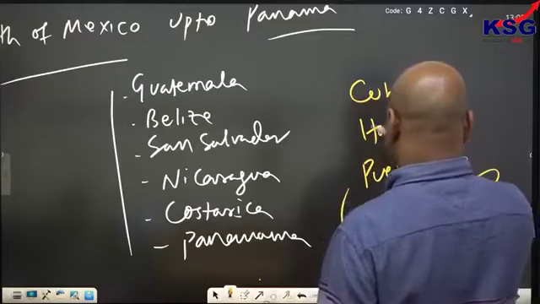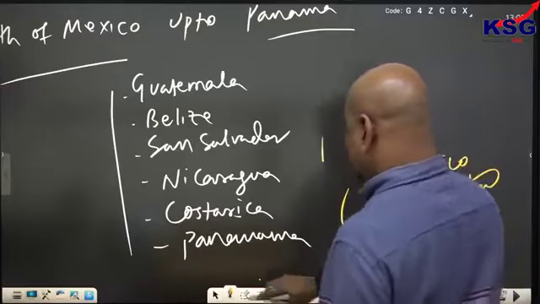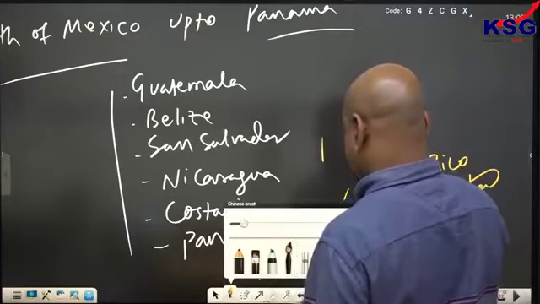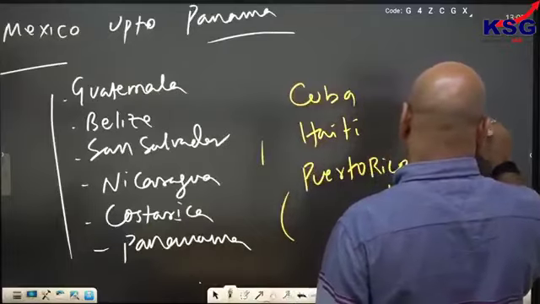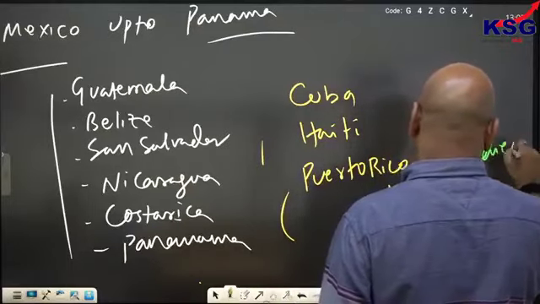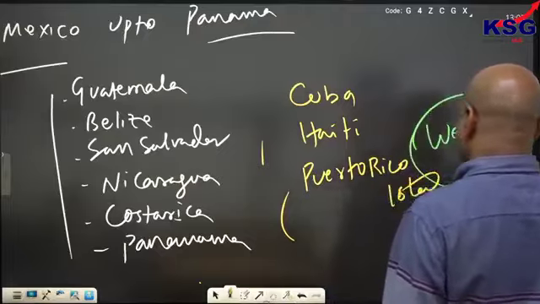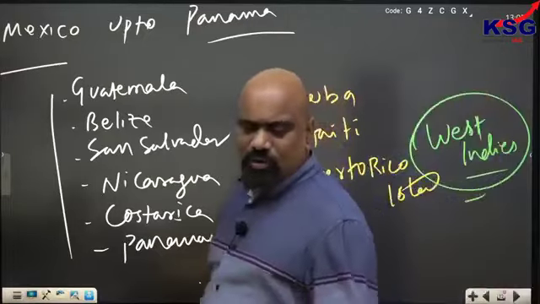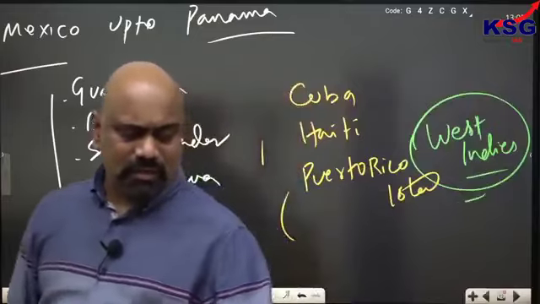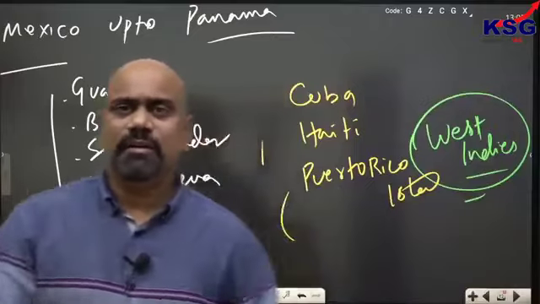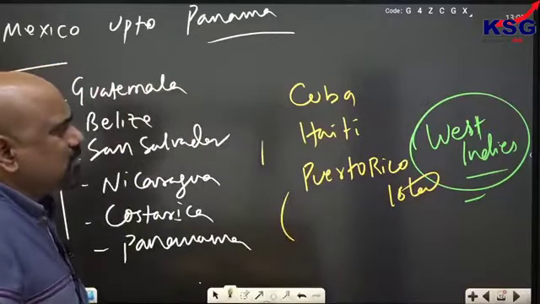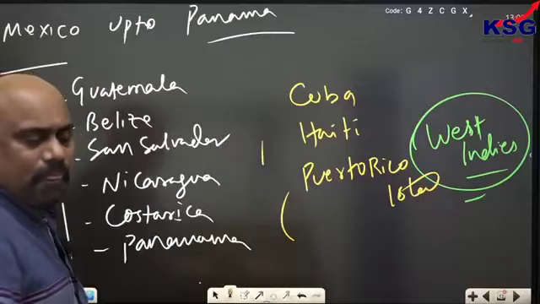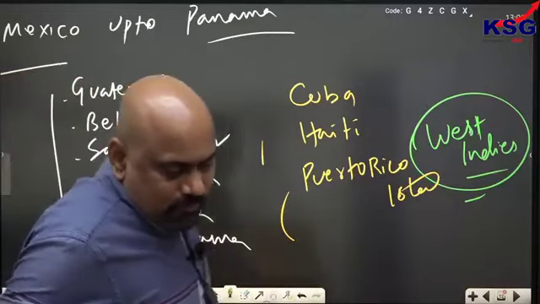Here you have the islands of the West Indies. Can you find this? Towards the right-hand side you have the West Indies, a group of small islands in the central Caribbean region.